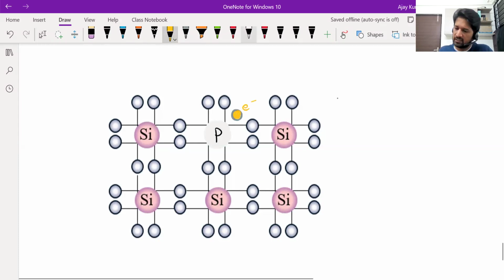Now, in addition to that, the existing electron hole pairs will anyway be there. Some electrons jump out from their bonds in silicon. So the existing electron hole pairs will be there. In addition, you will have new or extra conduction electrons.